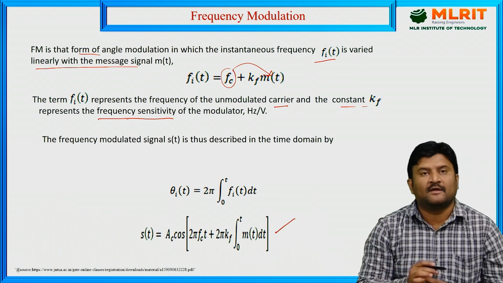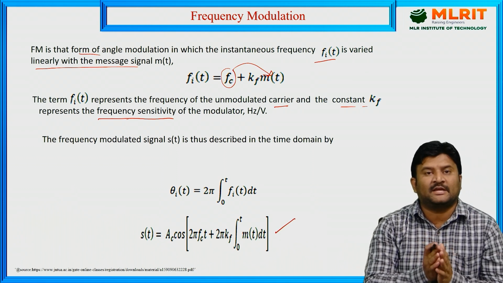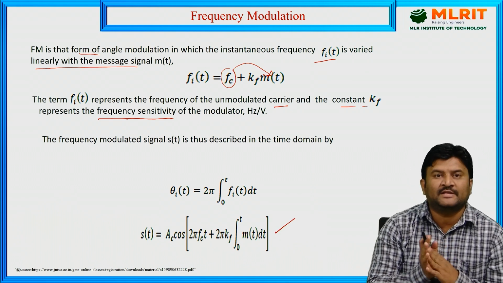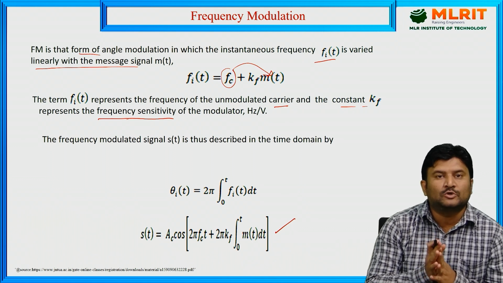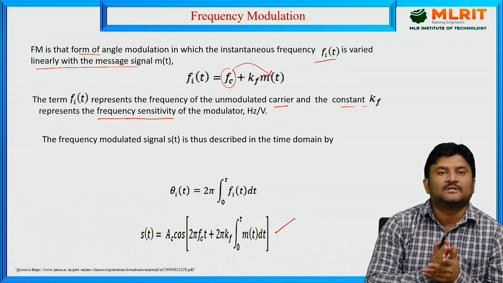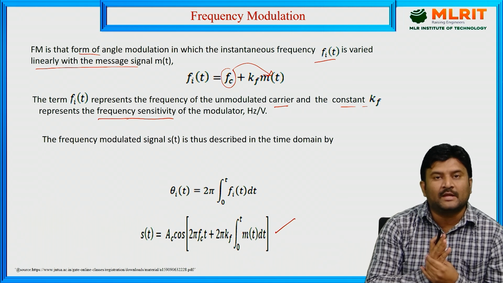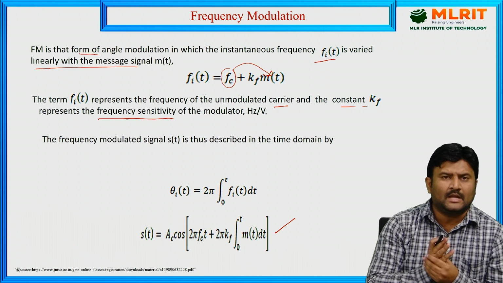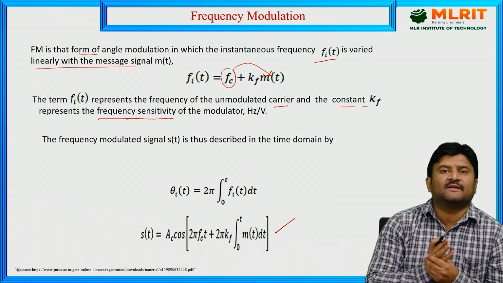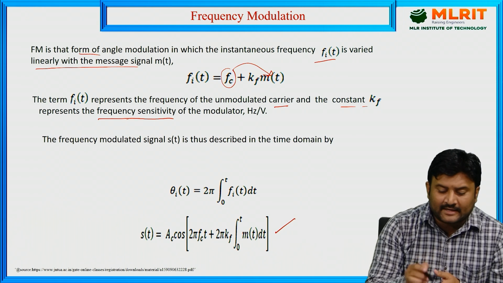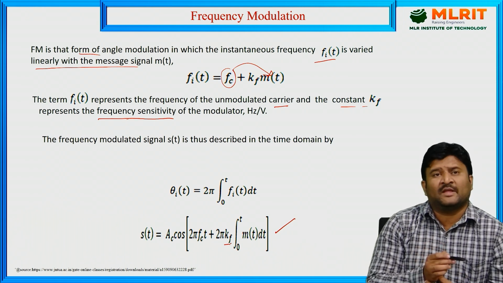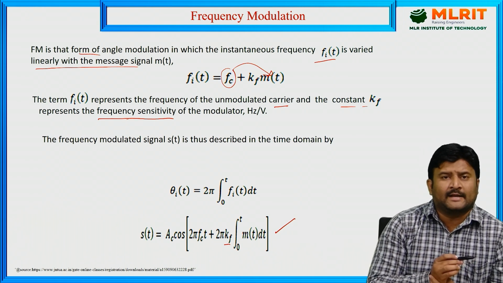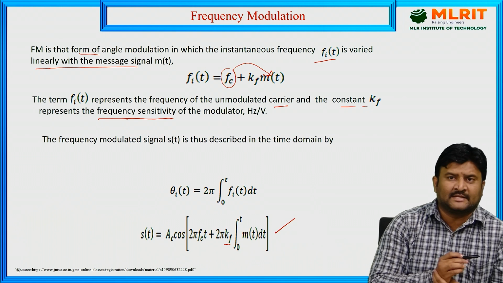This is the frequency modulation standard equation. s of t equals Ac cos(2 pi fc t plus 2 pi Kf integral 0 to t m of t dt). Here Ac is nothing but the amplitude of the carrier signal, fc is the frequency of the carrier signal, Kf is the frequency sensitivity, and m of t is the message signal information.